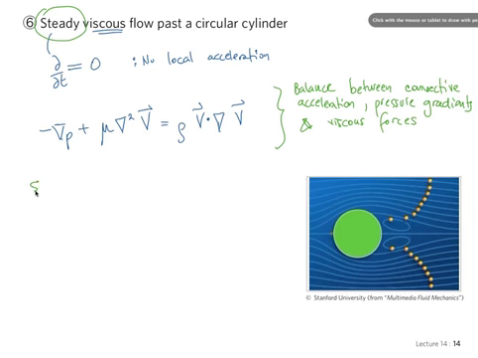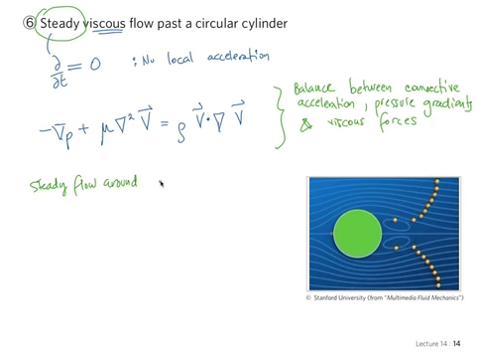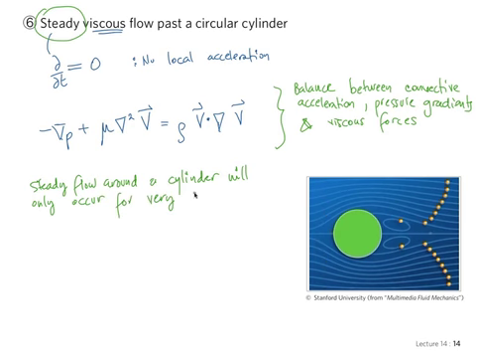Now, this steady flow around the cylinder like shown here will only occur for very special combinations of the parameters here, which are the viscosity, the diameter of the cylinder, the density of the flow, and the free stream velocity.